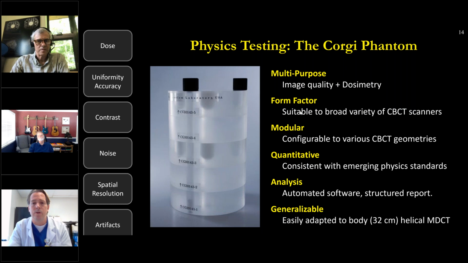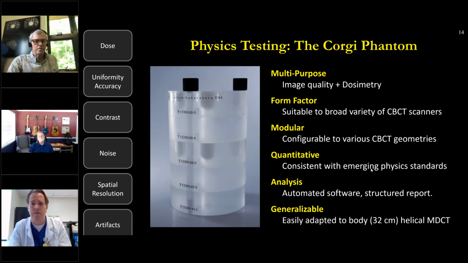It's in a form factor that's suitable to that broad variety of cone beam systems that I showed, everything from dental to IGRT. This system is designed to be able to configure in ways that are suitable to any one of those scanners. It's modular, so that if something has a particular beam geometry, the modular design of this phantom allows the phantom to be restacked.